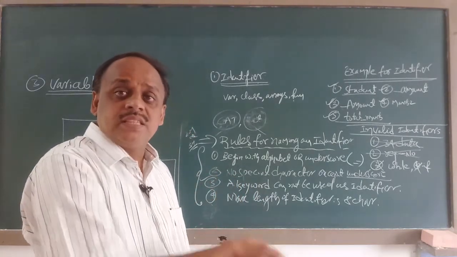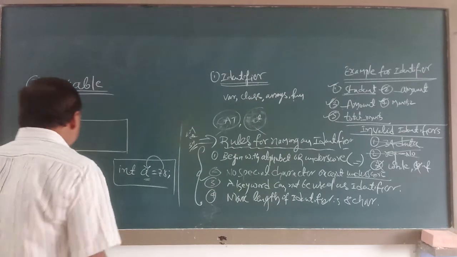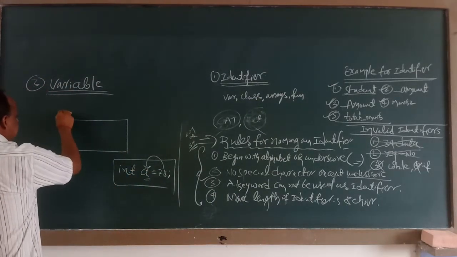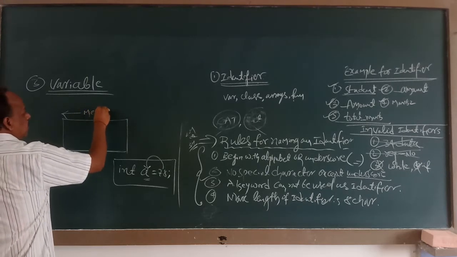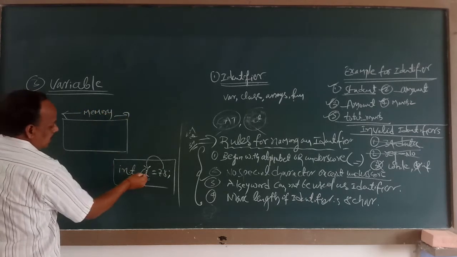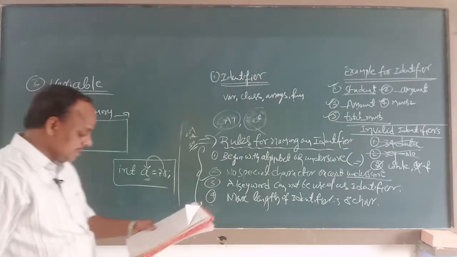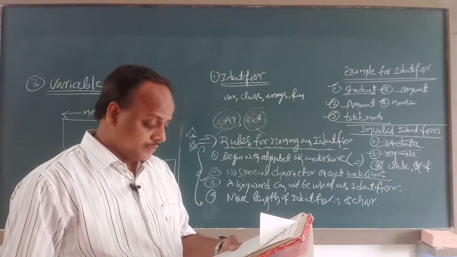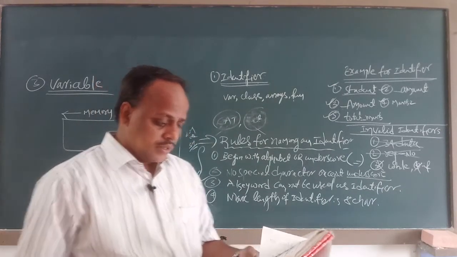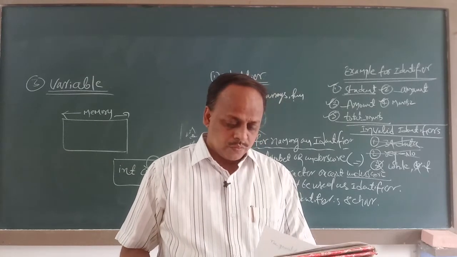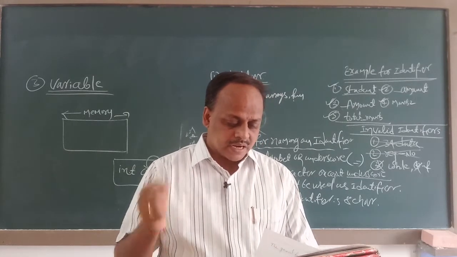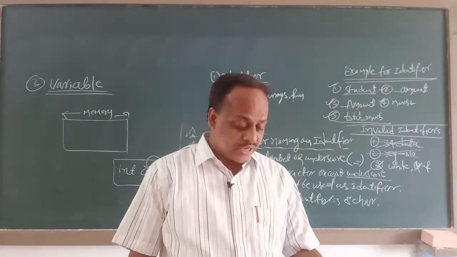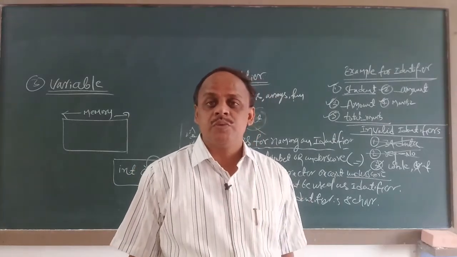Now let us see how this affects memory. Variables are nothing but identifiers which are used to identify the location where a certain value is going to be stored.